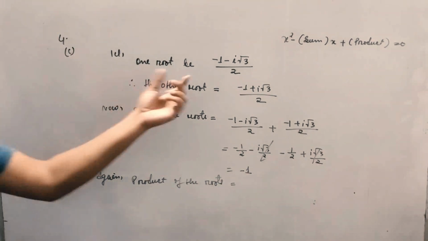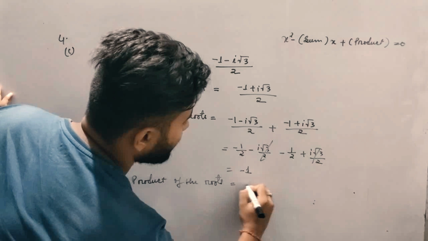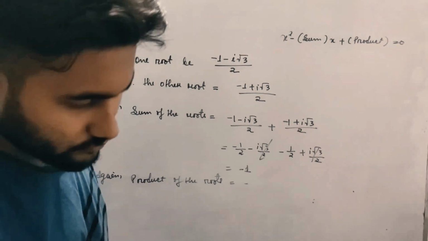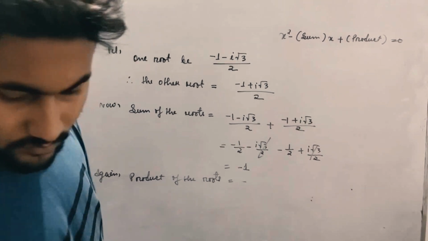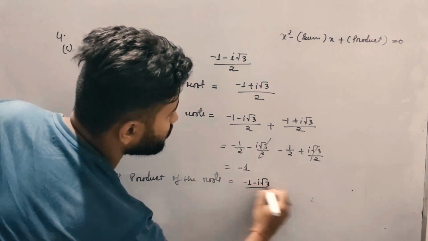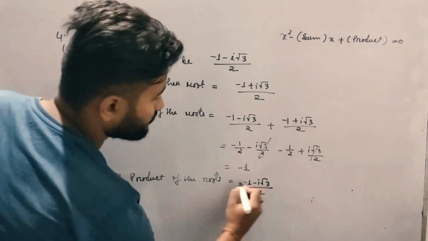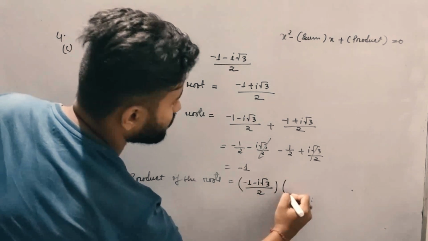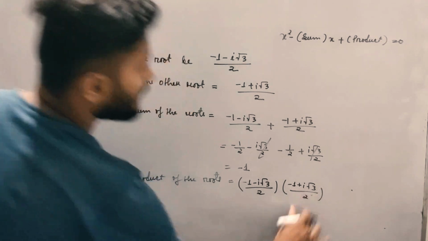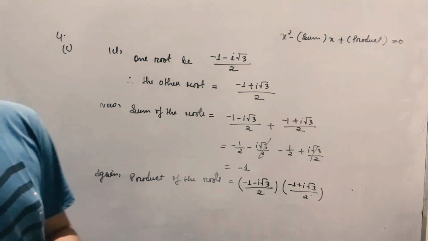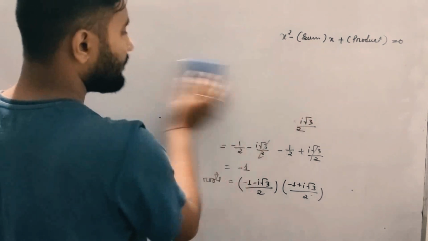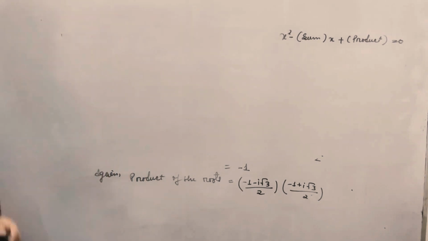So multiply them: minus 1 minus i root 3 by 2 product minus 1 plus i root 3 by 2. And we know that whenever you multiply conjugates, you always get a square minus b square, okay?